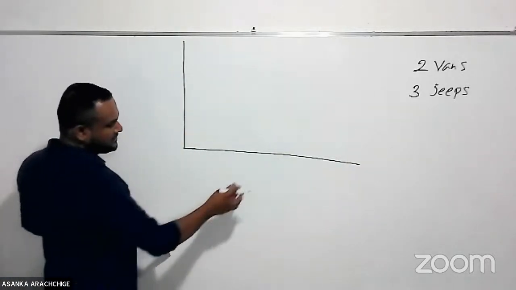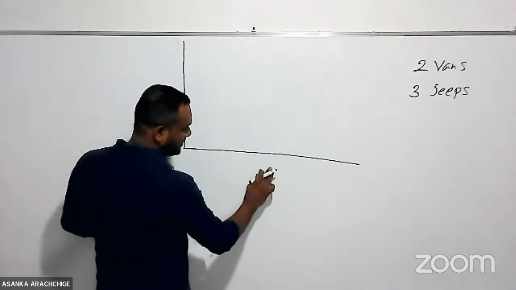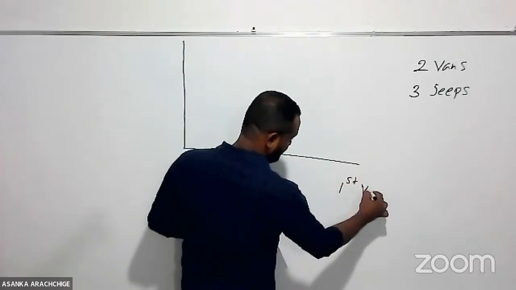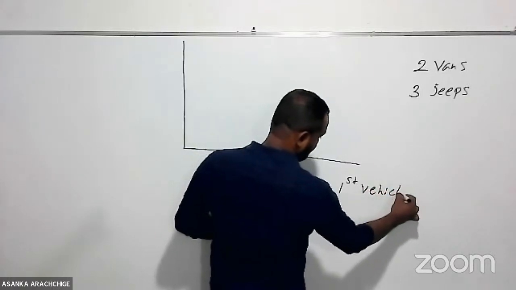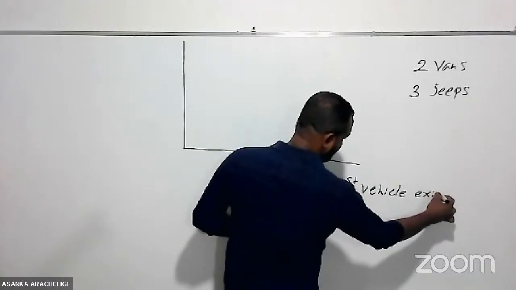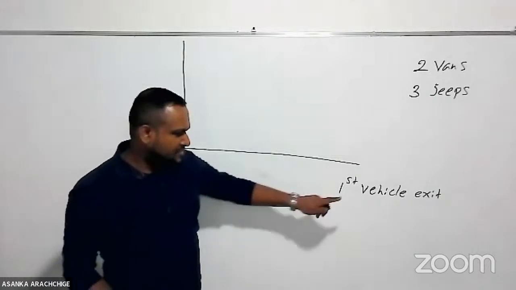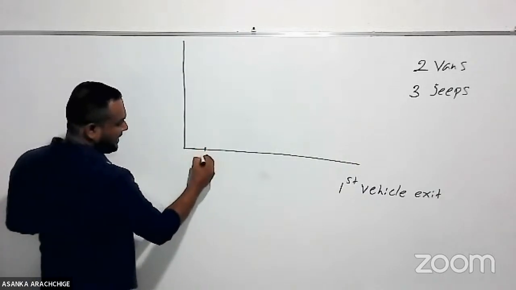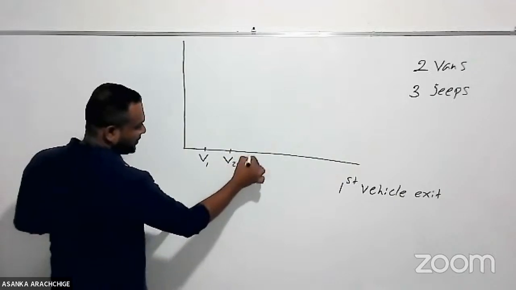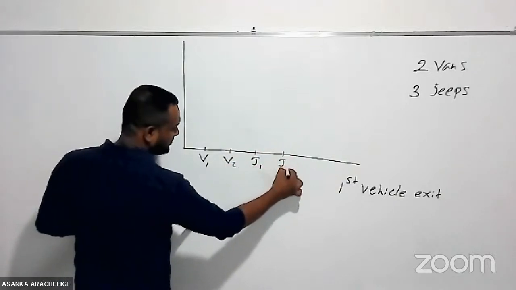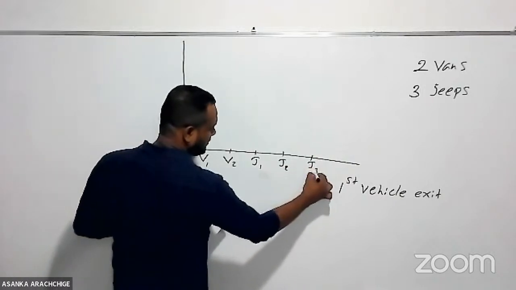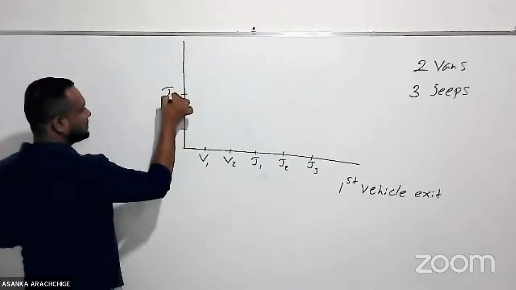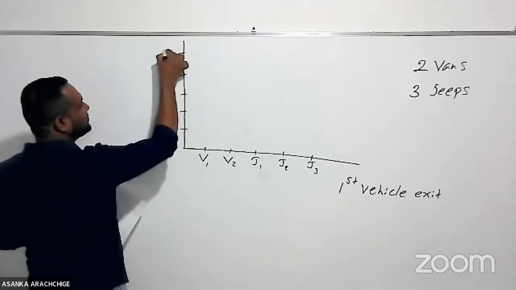This axis has been selected to represent the first vehicle exit: V1, V2, J1, J2, J3.